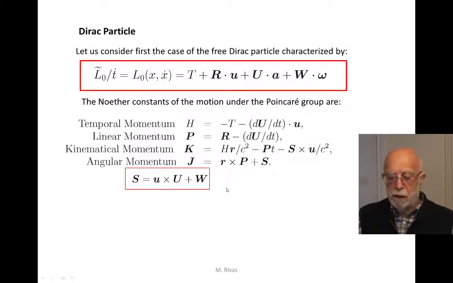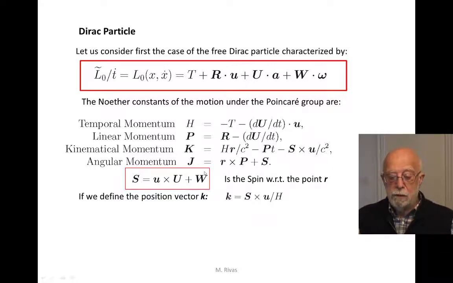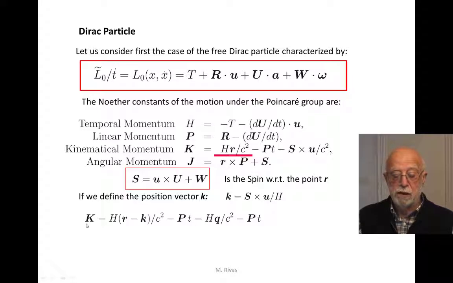Okay, now if you have a look at the kinematical momentum and the constant of the motion and the pure Lorentz transformations, we are going to transform this term in terms of this position vector, so that we can arrange these two terms together, and the kinematical momentum is written in this form: h r minus k over c squared minus pt.